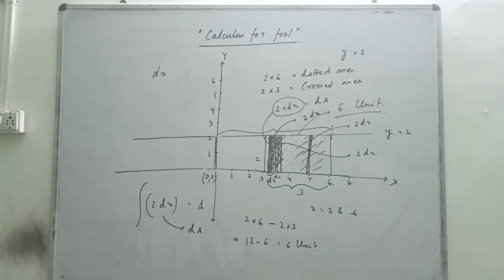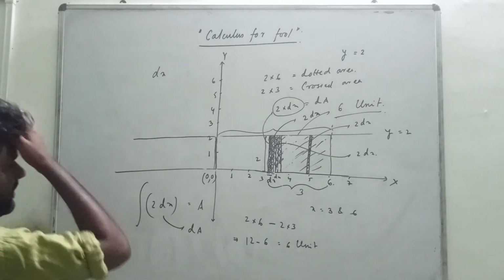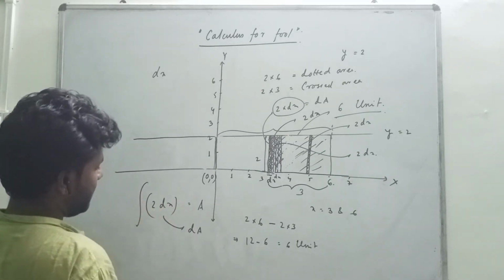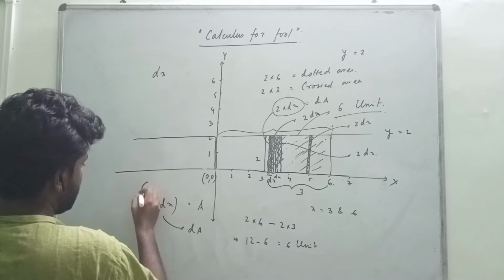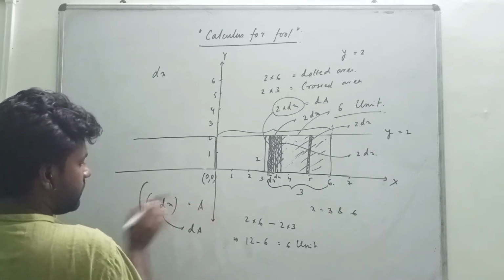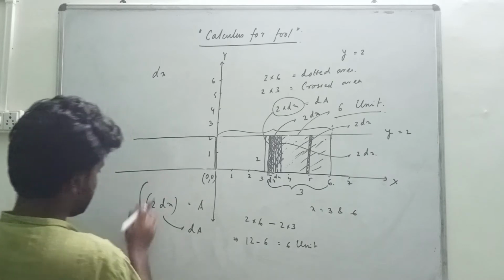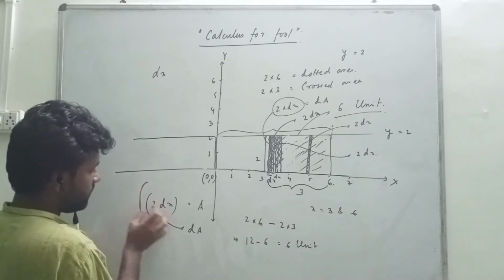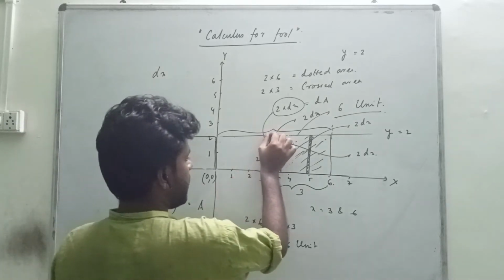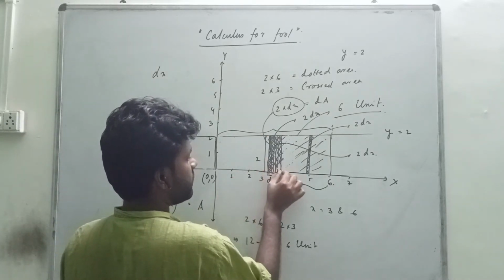Okay. Now, what does this sum mean actually? Sum means the area under the curve, right? Because the sum means you just add very small areas.